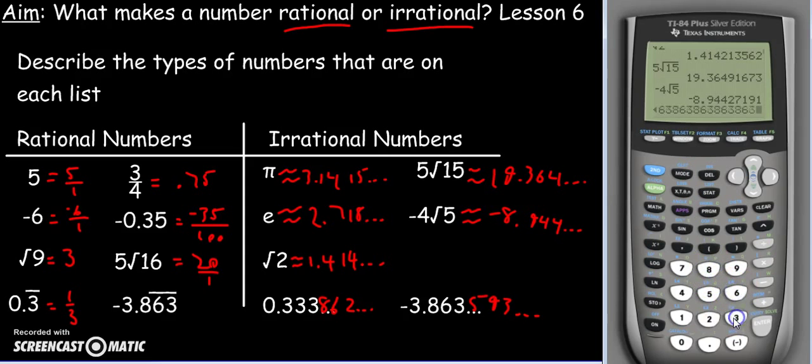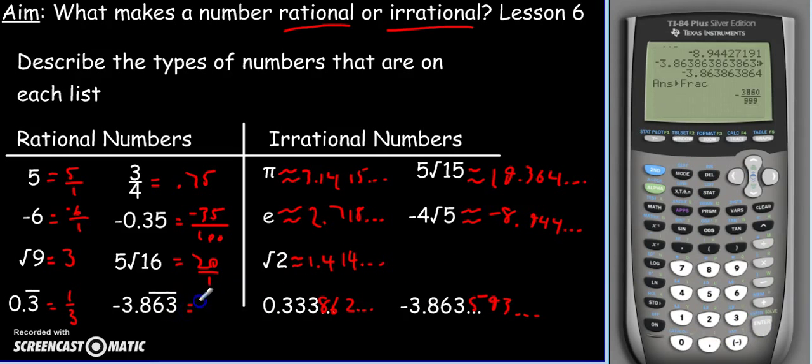Hopefully this is enough. And one more, why not? Let's write that as a fraction. And that is negative 3,860 over 999. That's also 3 over 1. So all of these can be written as fractions.